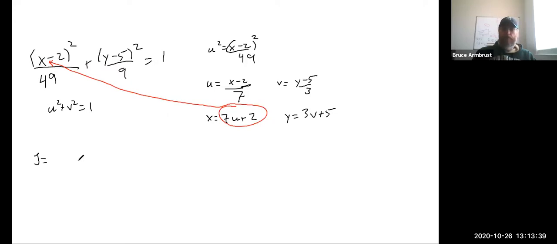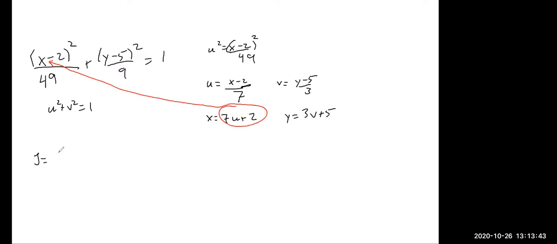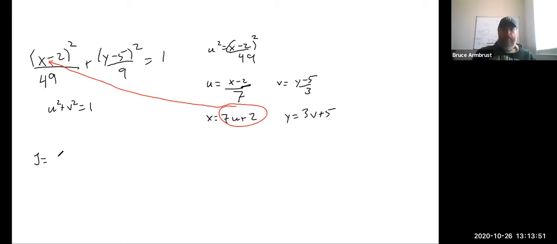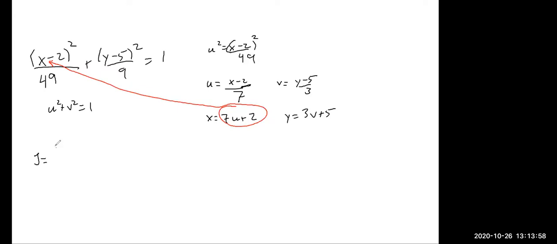Do you guys remember? We need the derivatives of, I'm trying to think of what we need with respect to. Okay, so we're going to make a 2x2 matrix and we're going to find its determinant.